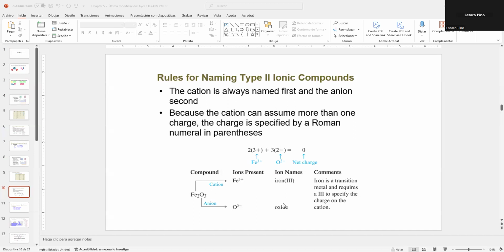Then we change the ending to "ide," but we conserve the root of the name oxygen. Remember, first we write the cation and then the anion, in the same order that we have in the formula.